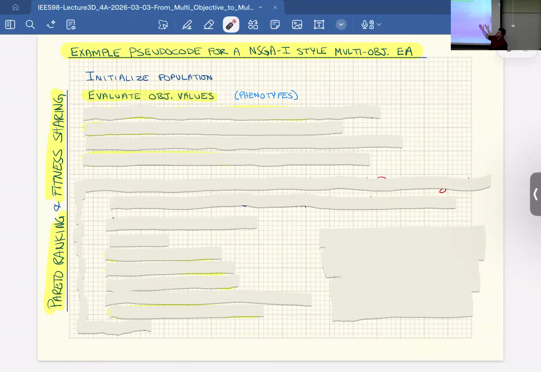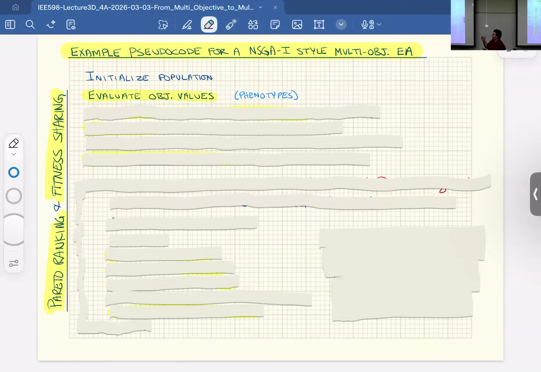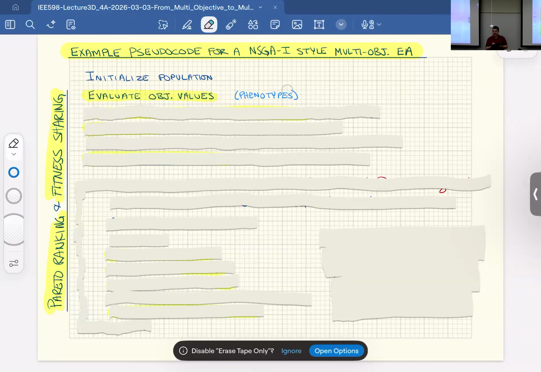Here's SGA1, the first non-dominated sorting genetic algorithm that used fitness sharing. This pseudocode is going to look very similar to a normal genetic algorithm, but it has a slightly different fitness concept and this fitness sharing. As with other GAs, we initialize our population and then we evaluate our objective values, so we evaluate our phenotypes.